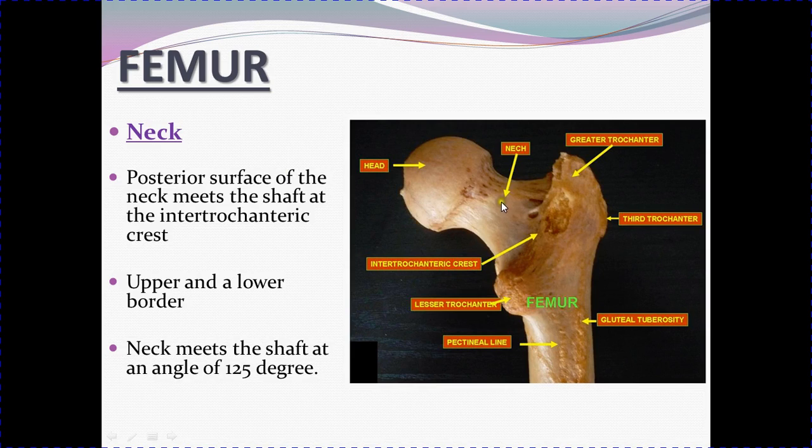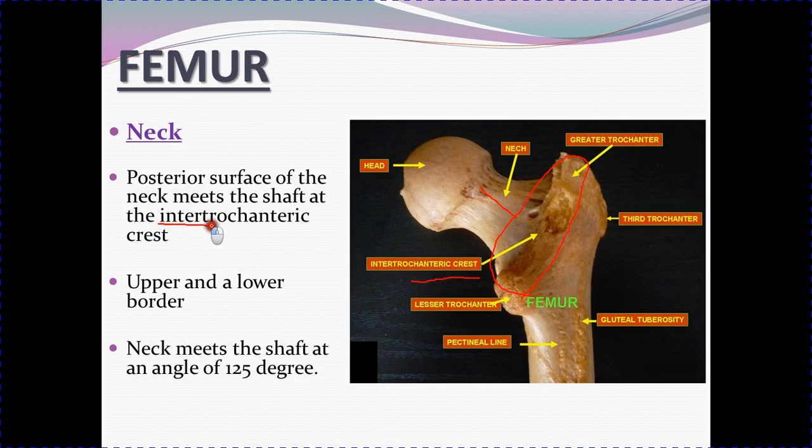This is the posterior view of the femur. The posterior surface of the neck meets the shaft at the intertrochanteric crest. It is slightly more elevated and it is called the intertrochanteric crest.